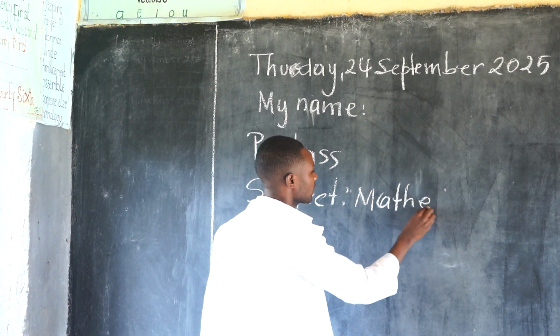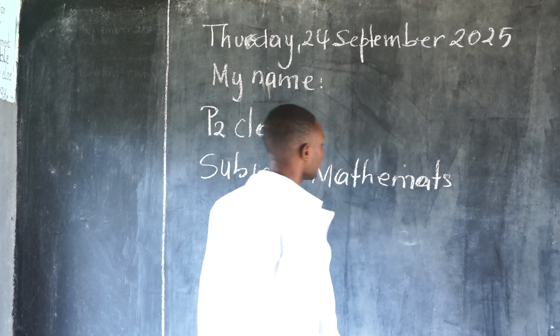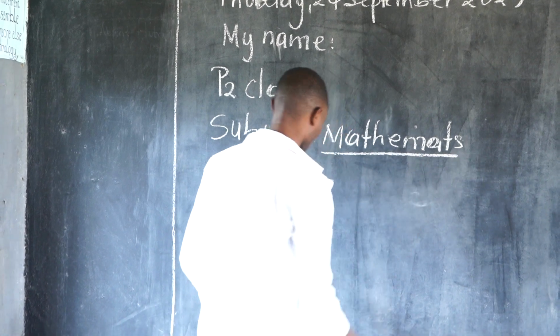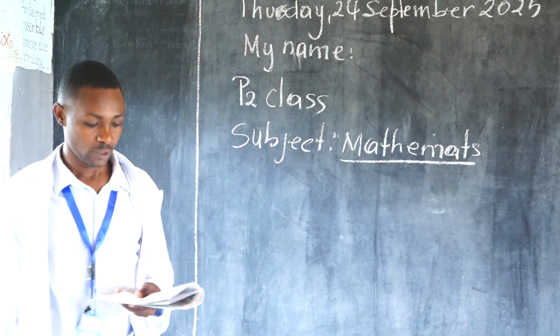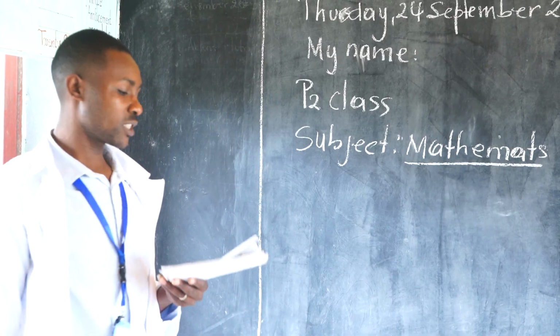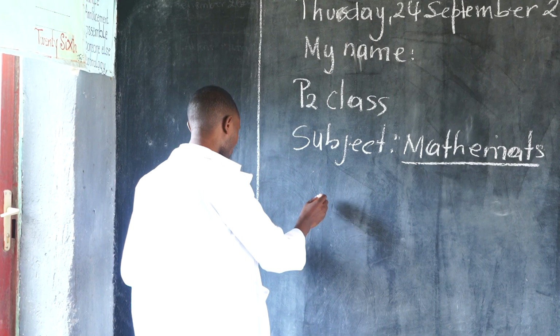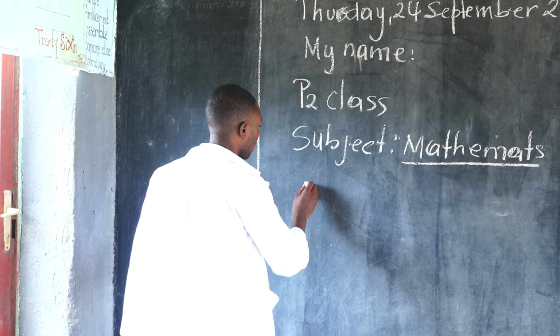Now, in mathematics, we are going to start the unit called whole numbers from 0 up to 100.